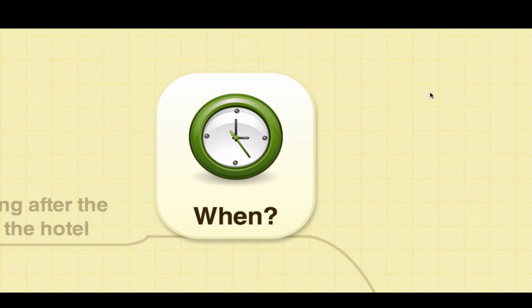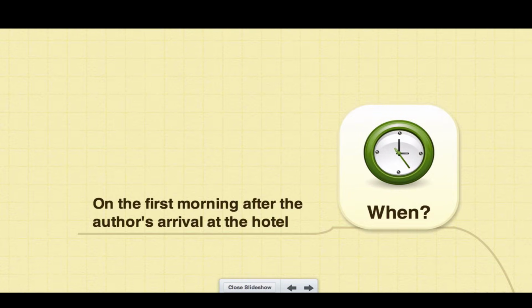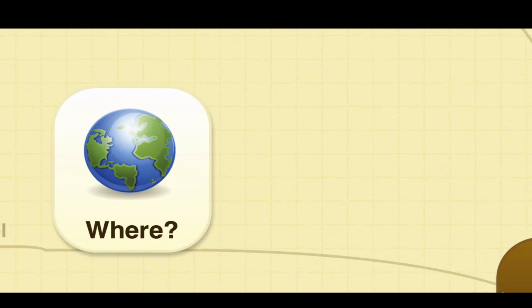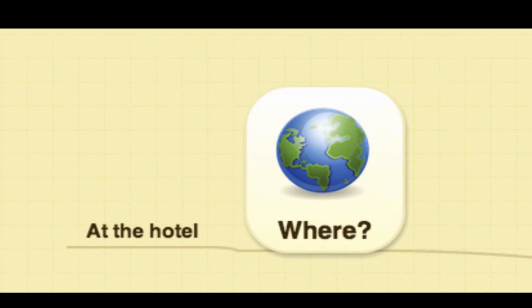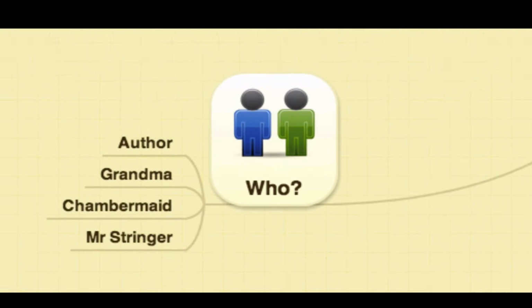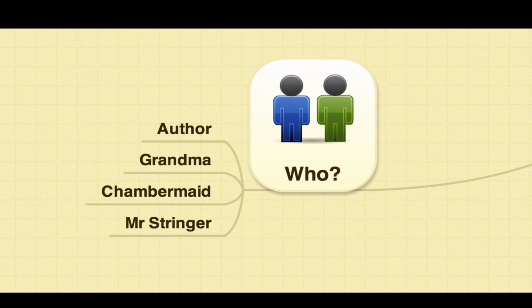When did the scene take place? On the first morning after the author's arrival at the hotel. Where did this take place? At the hotel. Who were the characters? The author, Grandma, the chambermaid, and Mr. Stringer, the manager.